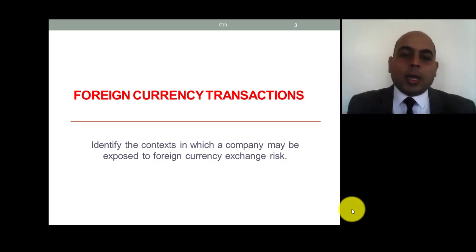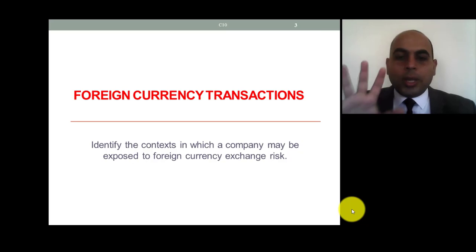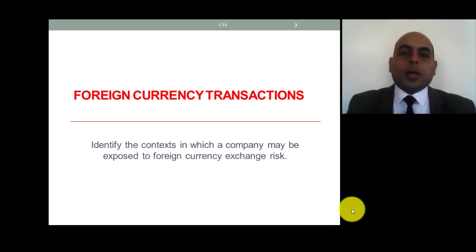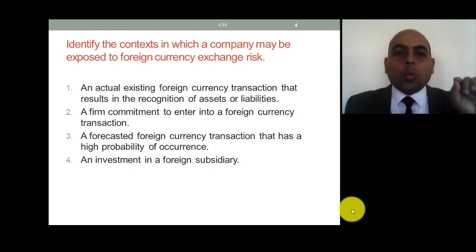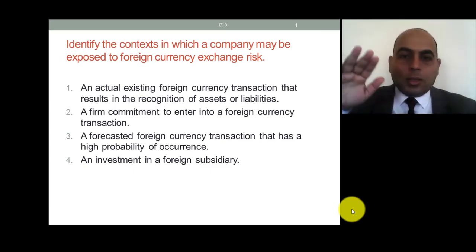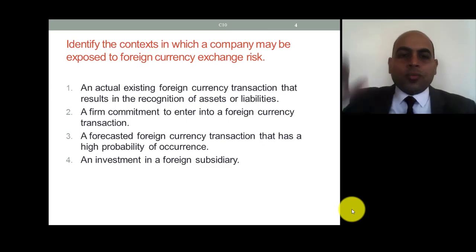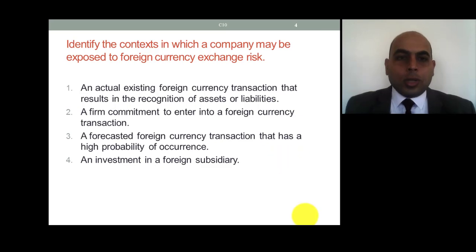As a decision maker, one of your roles is minimizing the risk. So this is what we are going to discuss: how we will minimize the exposure to exchange rate risk. So first of all, let us see the situations of foreign currency exchange risk.